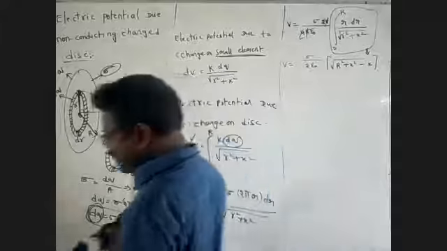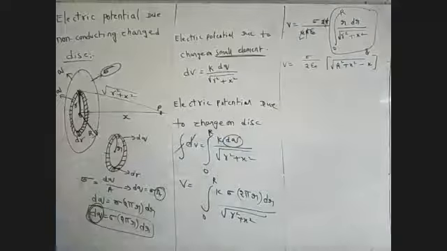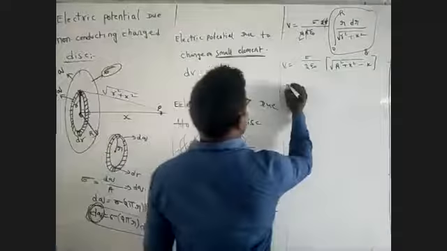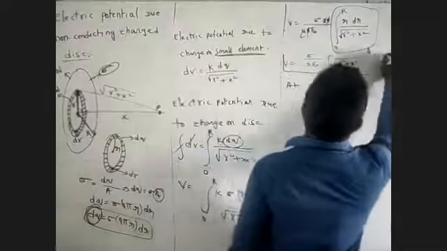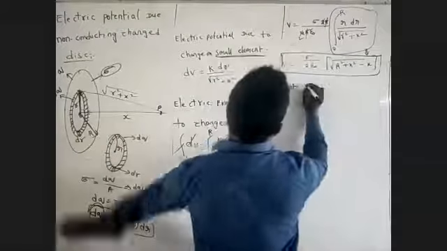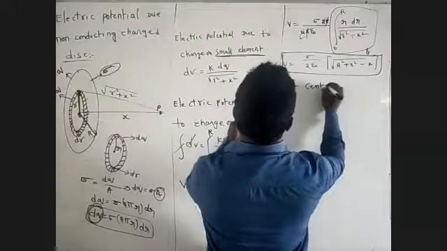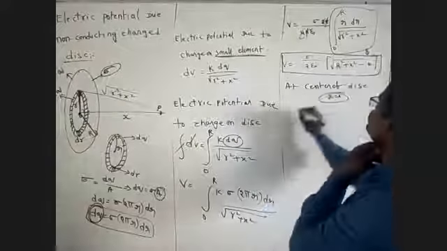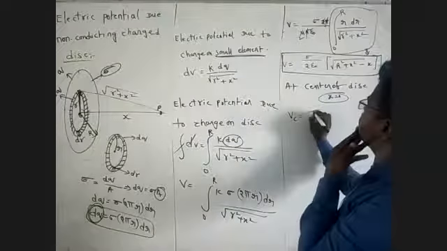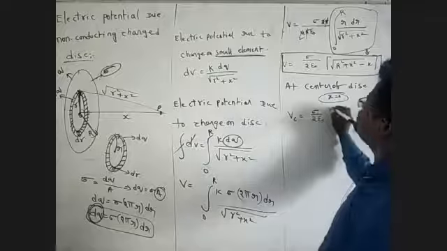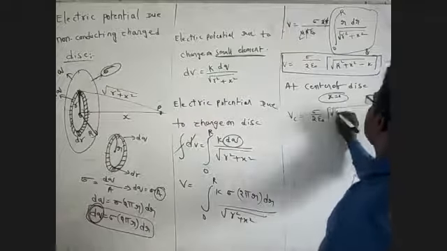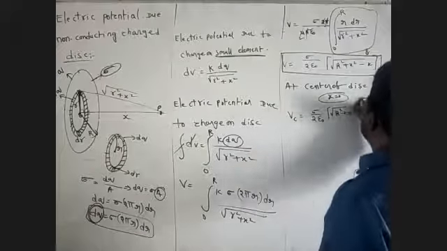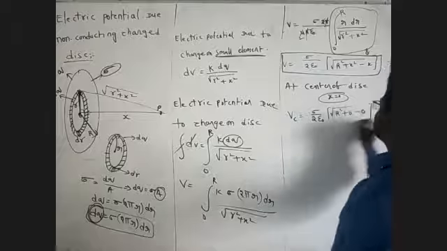Next, at the center of the disk. This is a very, very important point. At the center of the disk, x is equal to 0. So Vc is equal to sigma by 2 epsilon naught times the square root of R square plus 0, minus 0, in the place of x.